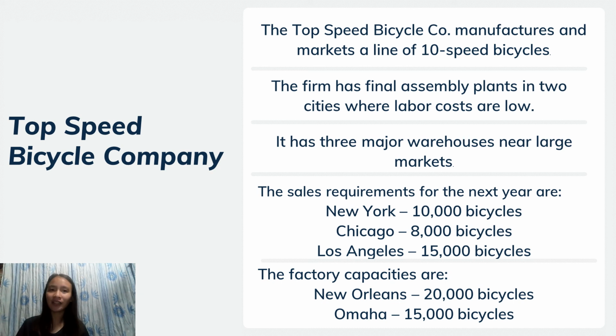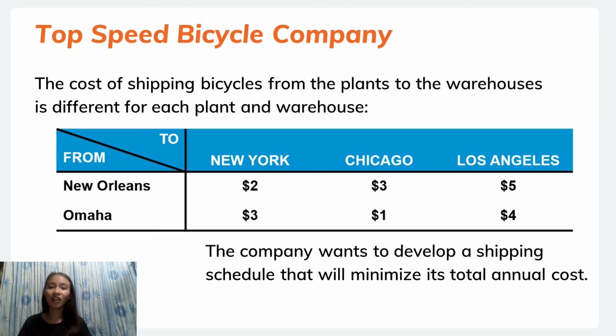The factory capacities are 20,000 bicycles in New Orleans and 15,000 bicycles in Omaha. The cost of shipping bicycles from the plants to the warehouses is different for each plant and warehouse, and it is shown in the table below. The company also wants to develop a shipping schedule that will minimize its total annual cost.